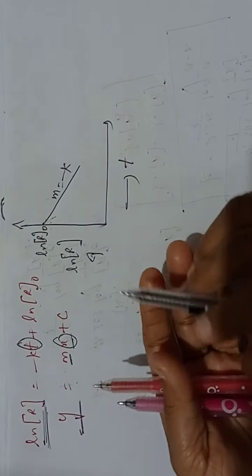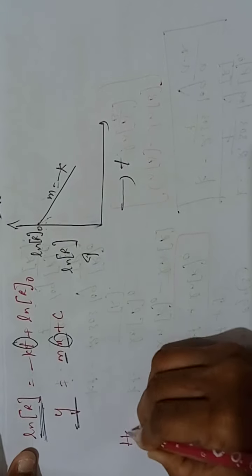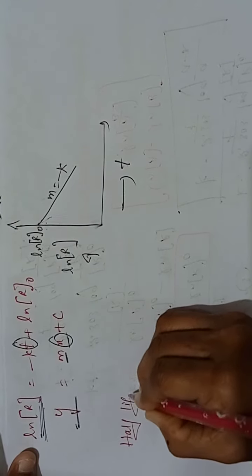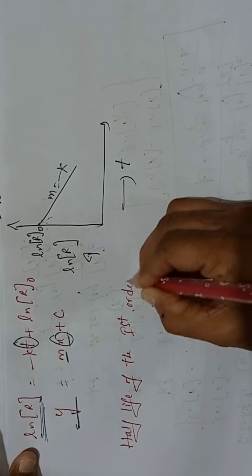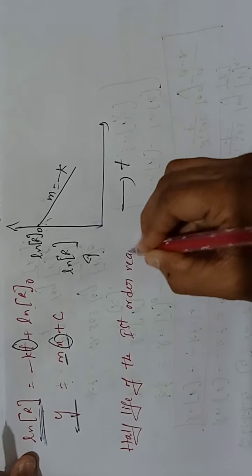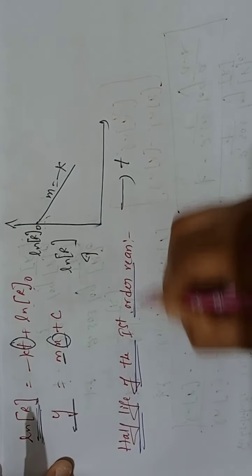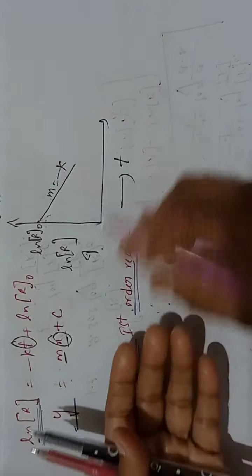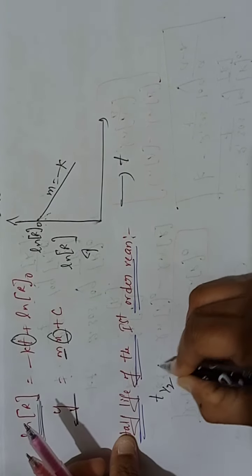Now I am going to discuss the half life of the first order reaction. We have to find the first order reaction half life. Okay, how to find it? First of all, what is half life? It is represented by t half.